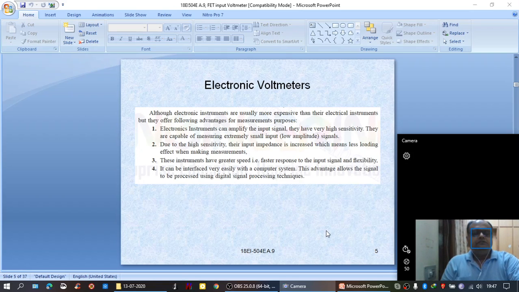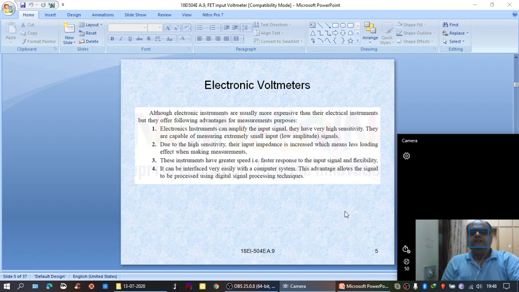We connect the circuit and we'll be able to read out the reading. If any changes are there in the input voltage, the meter responds very quickly, almost instantaneously, to changes in the input voltages, and every change can be clearly read out without any error. So that is one more advantage, faster response to the input signal and flexibility.